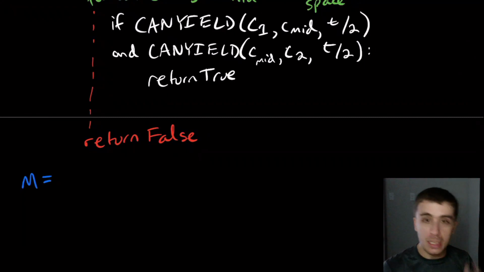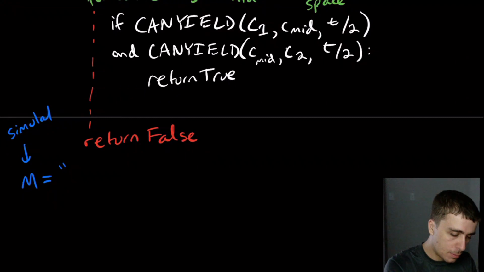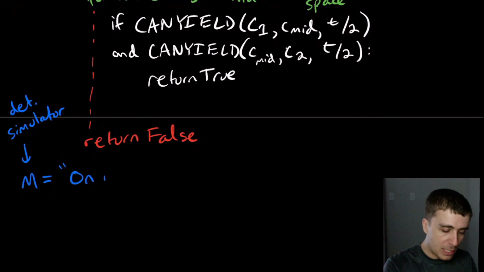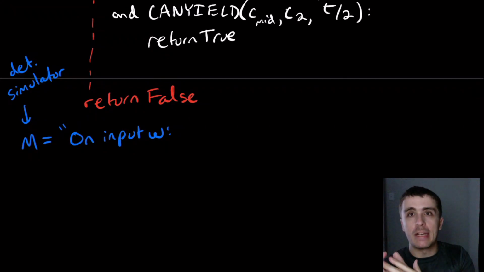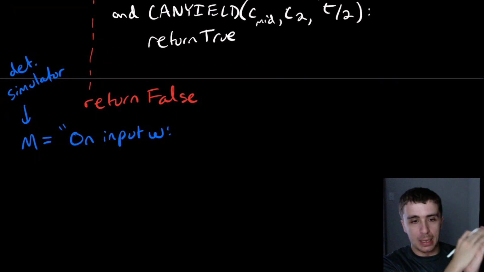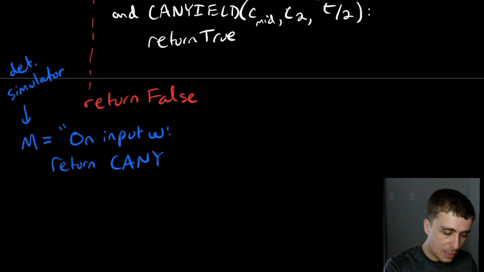I'm going to call the deterministic machine M. So M right here is the simulator, the deterministic simulator, I should say. So it's going to get some input W, and I need to call can yield with some initial configuration and some accepting configuration. So here I'm going to return the result of can yield.